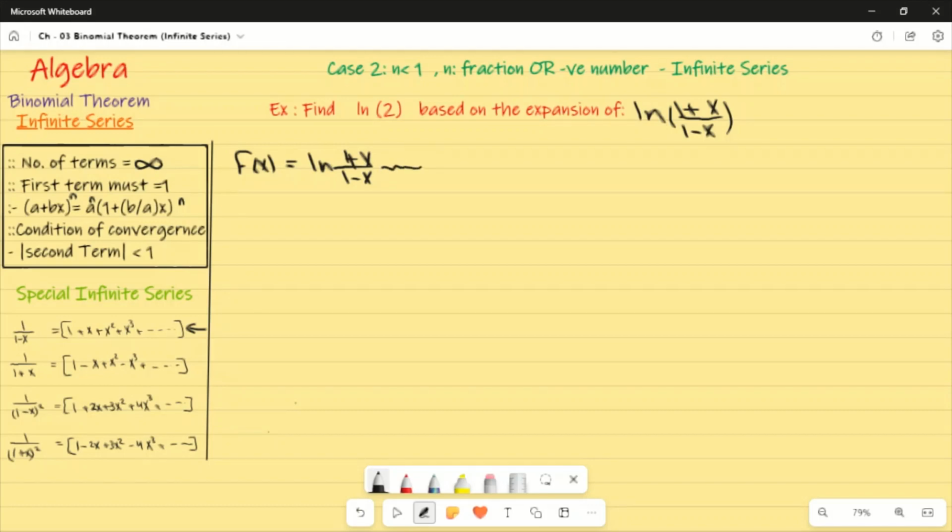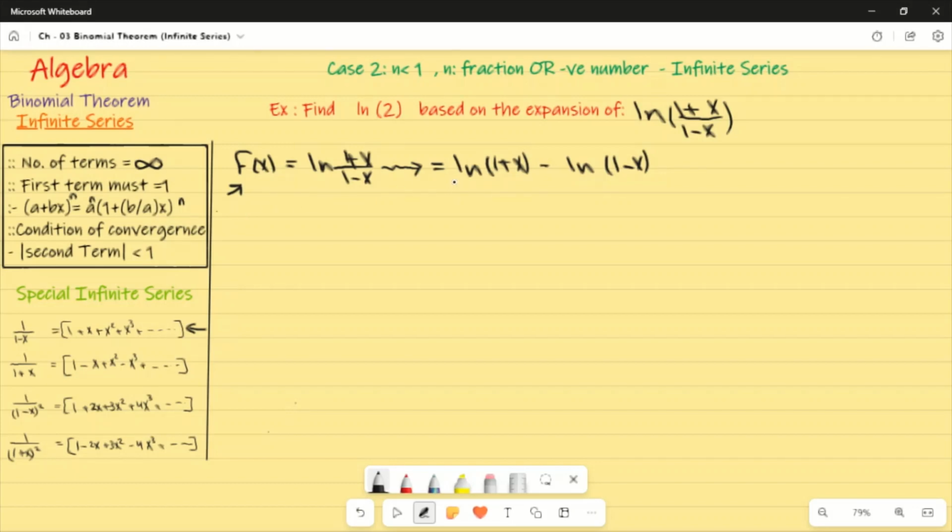This can be converted to a subtraction. So this equals ln(1 plus x) minus ln(1 minus x). So this is a function of x.